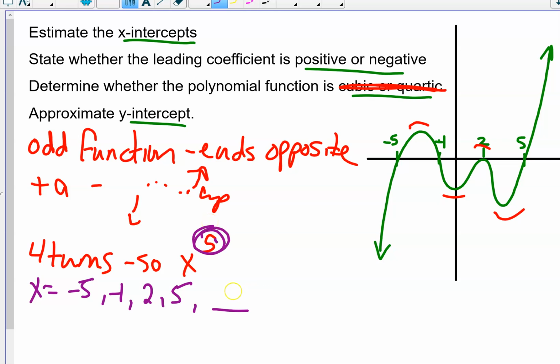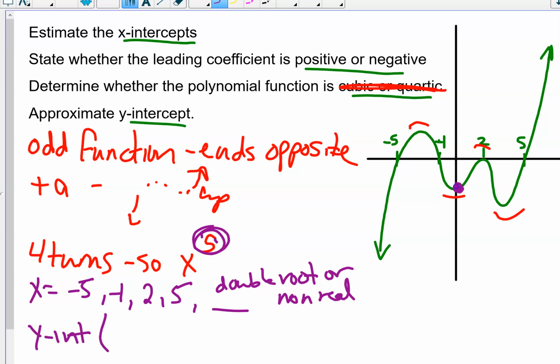So this one here is going to be either a double root or non-real. And then the y-intercept is approximately (0, -3), I'm going to call it.